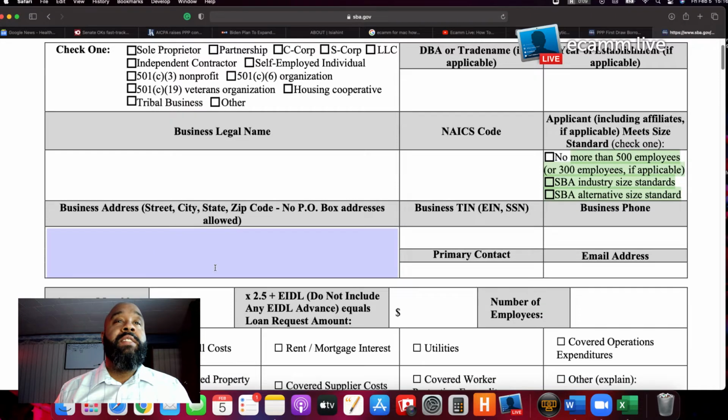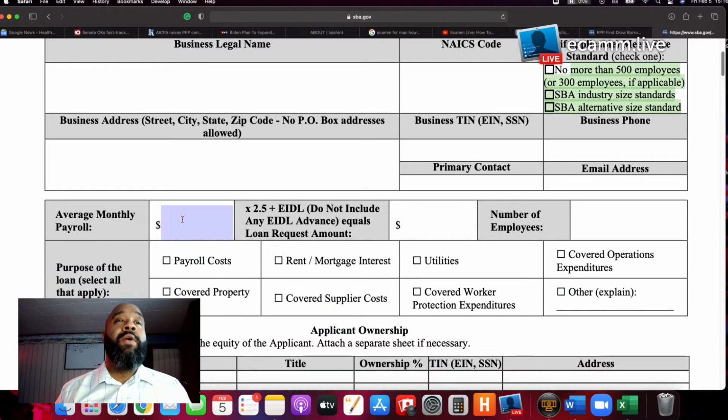Now here, let's get into some of the nitty-gritty of this form. This is the calculation that I've spoken about to you several times. Average monthly payroll. If you have employees, that's the average monthly payroll cost. Payroll cost plus wage cost. That's what you're looking for in this box.